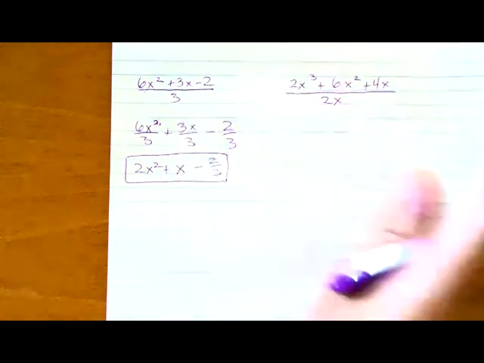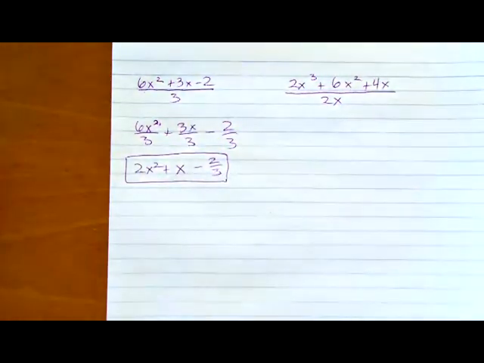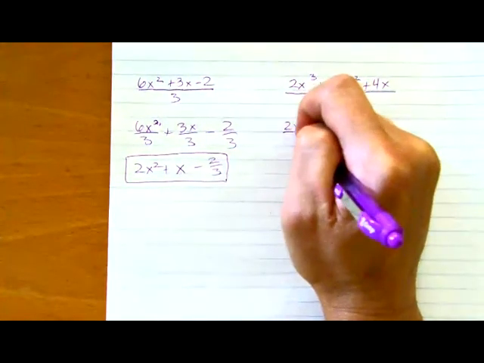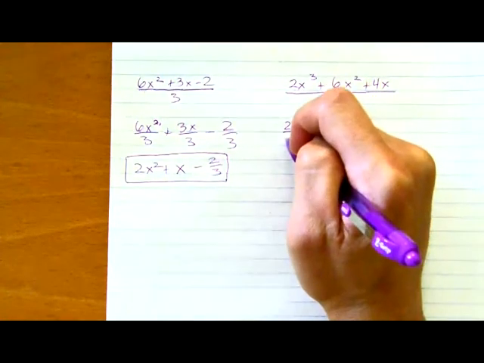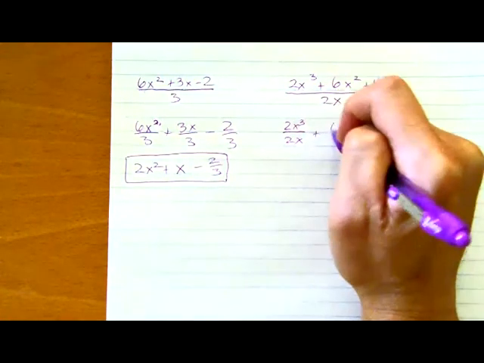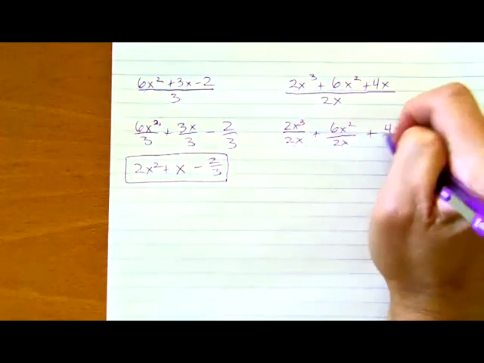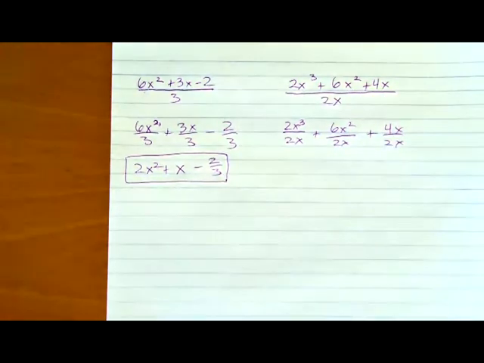We're not going to do any factoring. So this whole section for 10-9, do not think of factoring. We are doing division. So each term is going to be divided by 2x. And then we simplify the fraction.